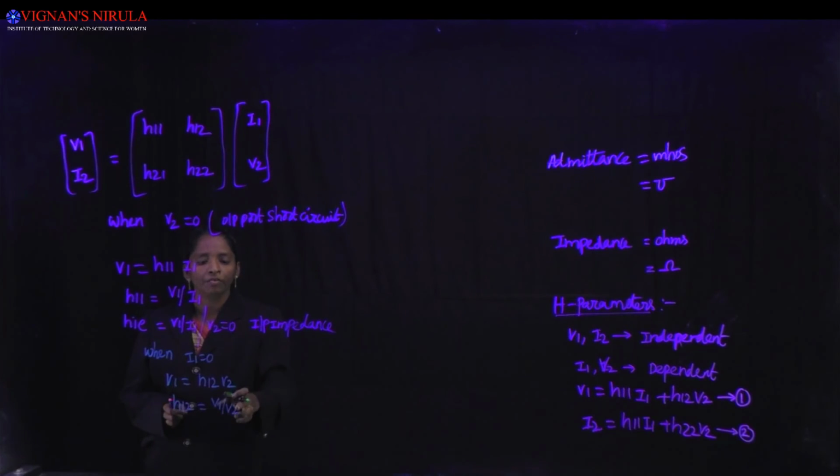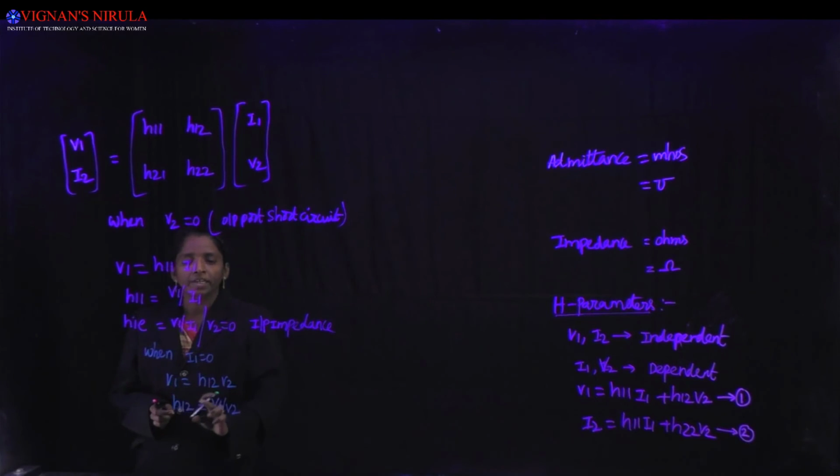Am I correct? If you get V2 by V1, that is called forward voltage gain. But here we are getting V1 by V2. So it is written as reverse transfer voltage gain. Or it can be simply written as reverse voltage gain.